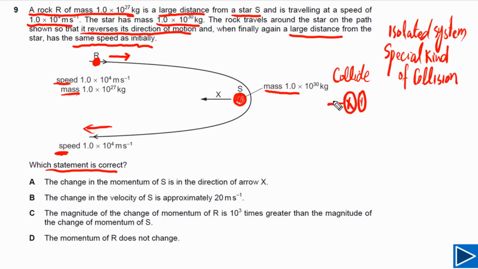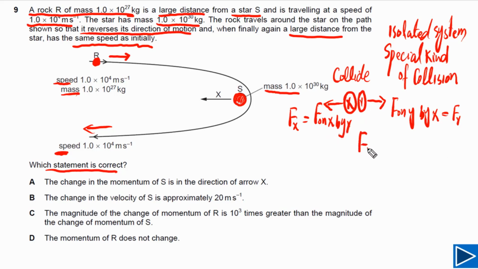So Y will exert a force on X. We will say this is the force on X by Y, and there will be a force on Y by X. I will simply call this force Fx, and this force Fy. Now these two forces have the same magnitude, even though the direction is opposite.